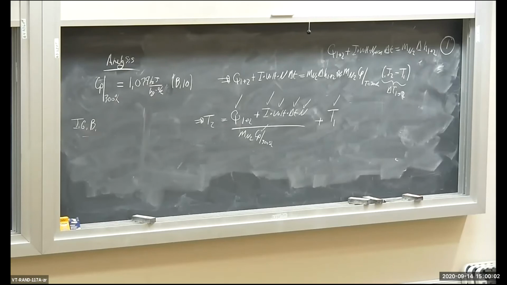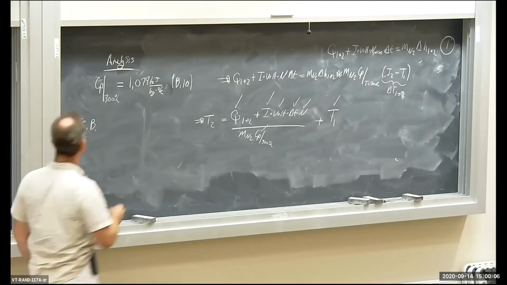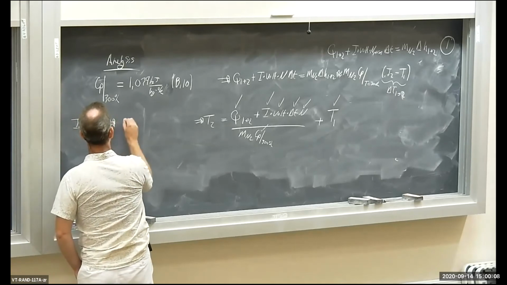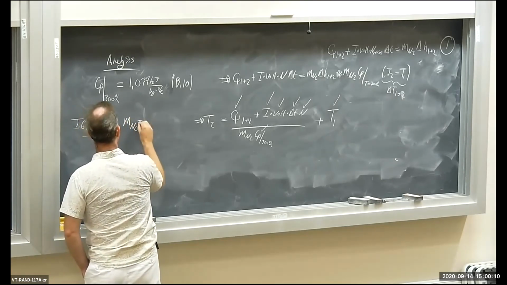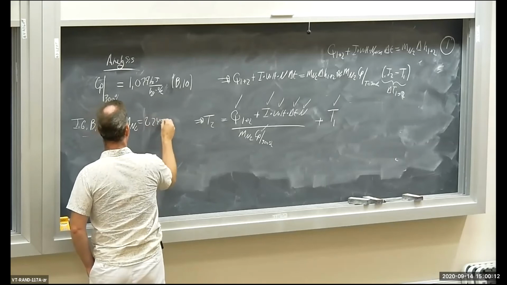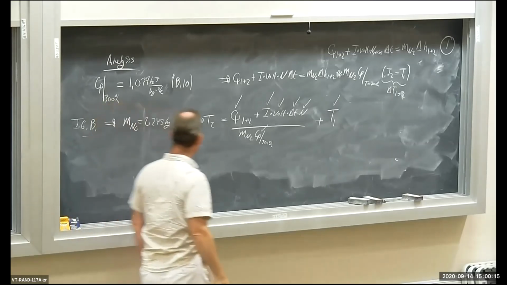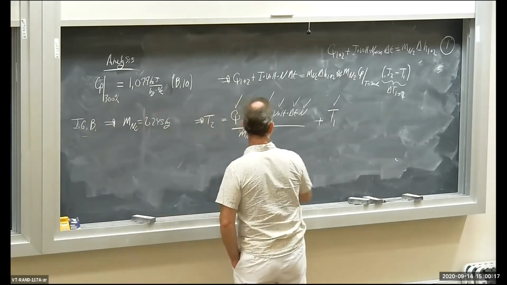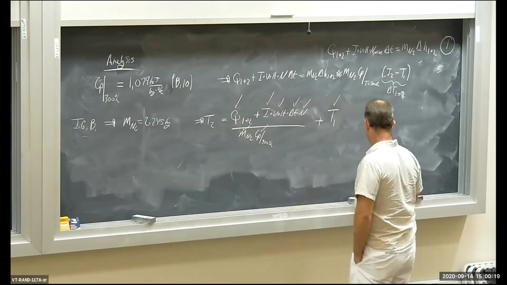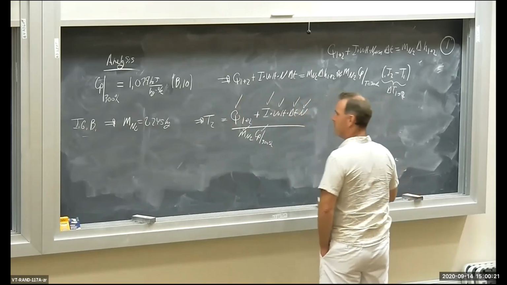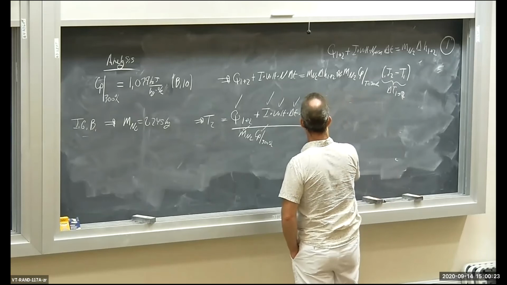Turns out that it's 2.245 kilograms. M of the nitrogen is 2.245 kilograms. So now I got the mass. Okay, let's see if I can crank out temperature T2.